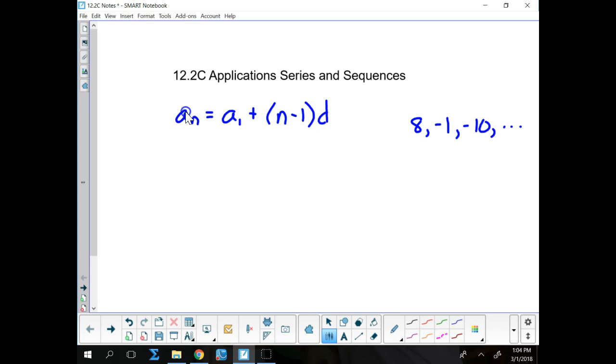When I go to make this rule, I start out by putting an 8 there because that's my first term. And then I got my n minus 1, right? And what's my d? Negative 9, right? And so a lot of people just wrote that.